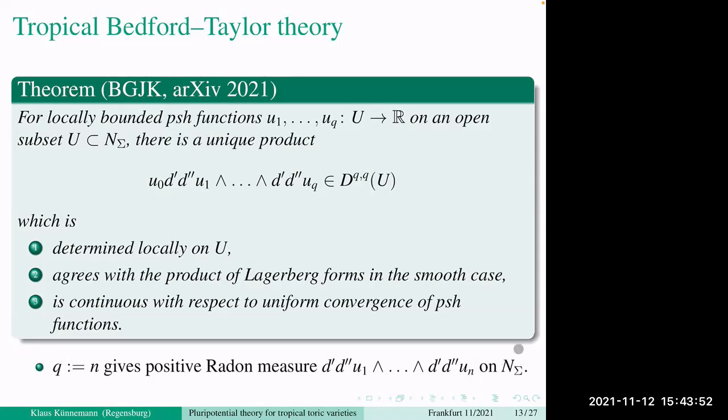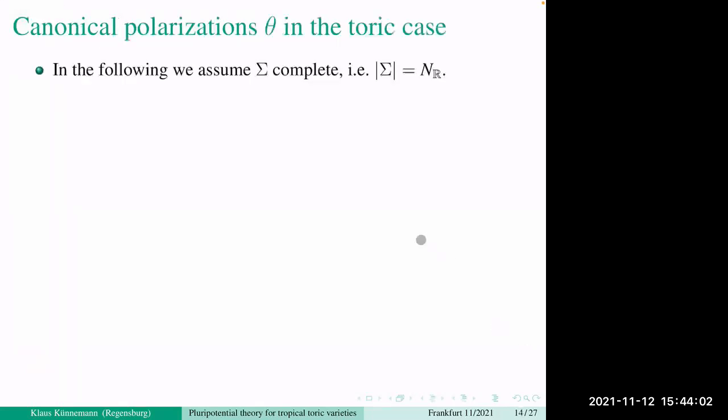Okay, so now we have a construction of measures, which are these Monge-Ampère measures, and we want to apply this. In the following, we want to work in the situation where the fan is complete. In this case, we have seen already that all PSH functions are constant.